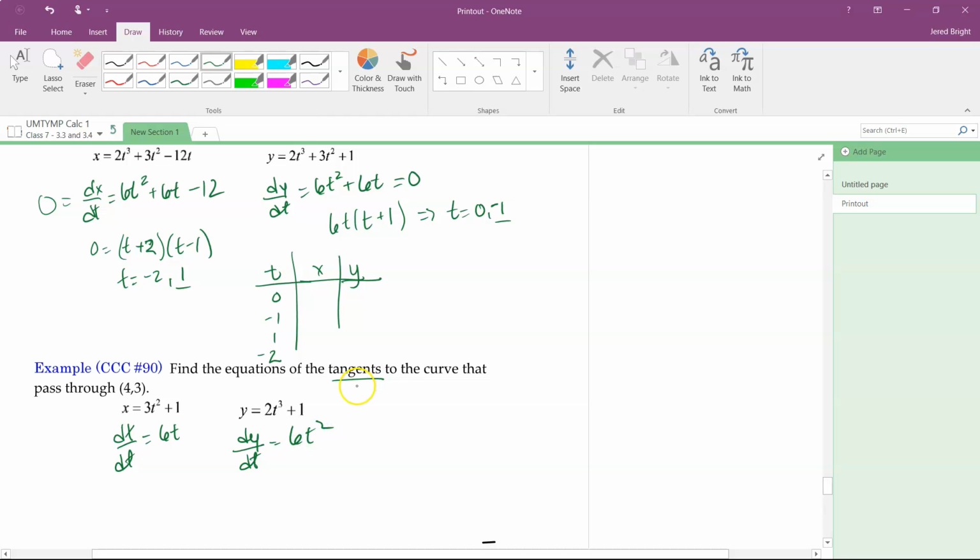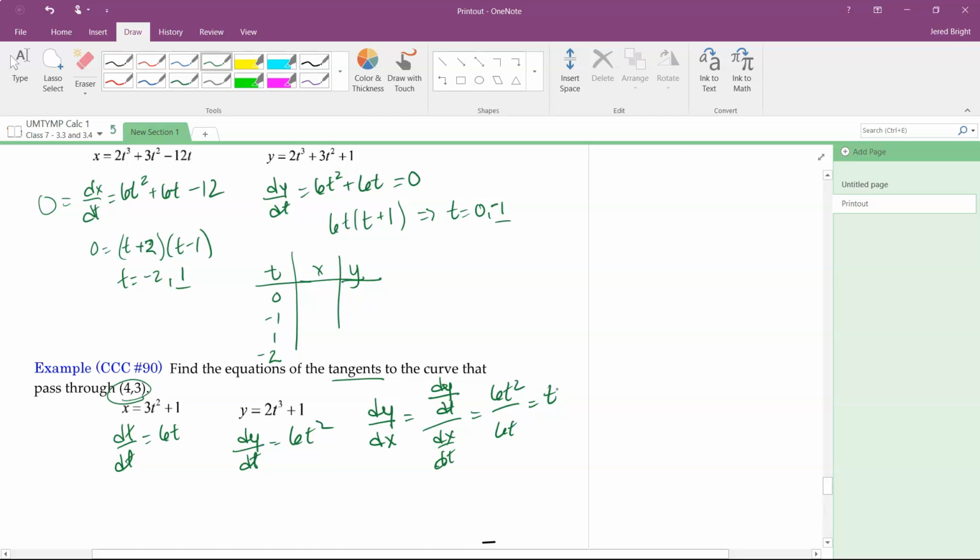For the equation of the tangents, I have a point, and I need to find the tangent slope. That means I need to find dy/dx, which we said above was dy/dt over dx/dt. So I get 6t squared over 6t, or just t.